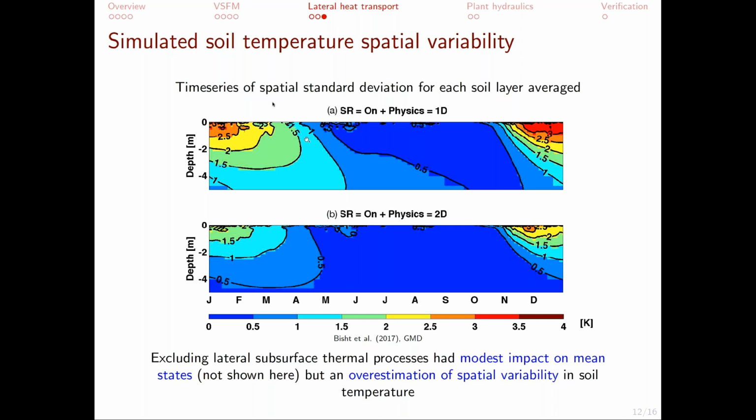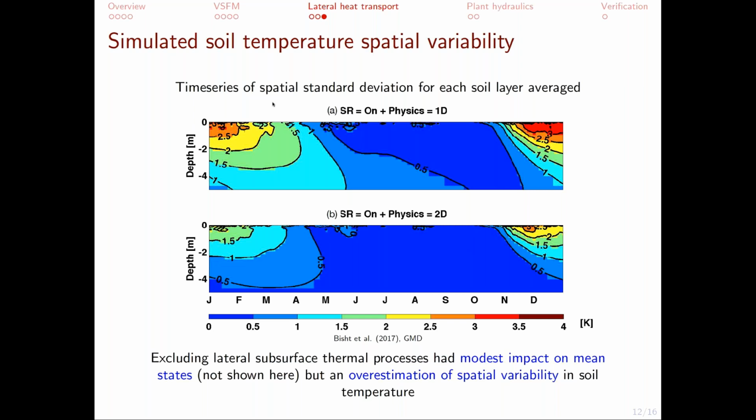And during the summer, as the snowpack recedes, this variability disappears. But in the 2D model, we see that this heterogeneity in soil temperature gets dissipated much quicker than in 1D physics.